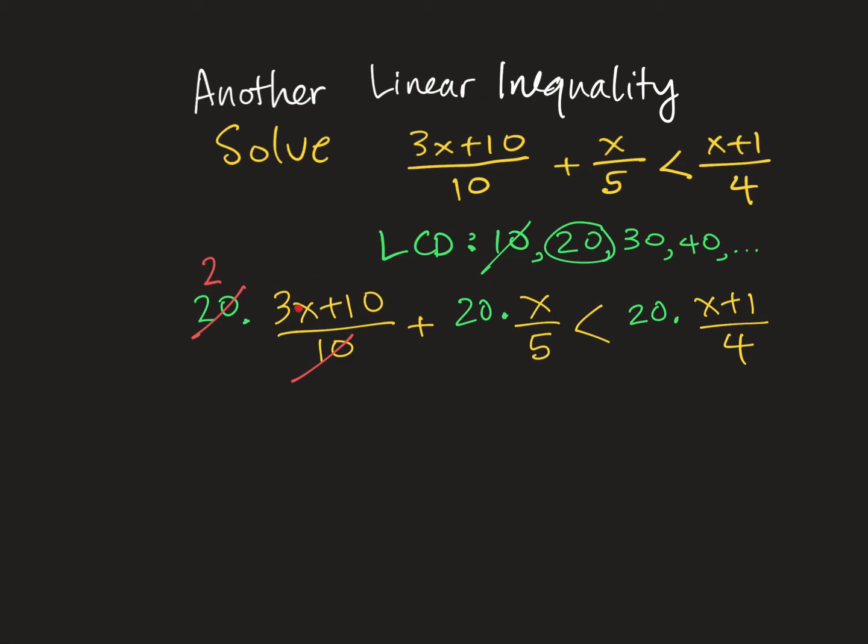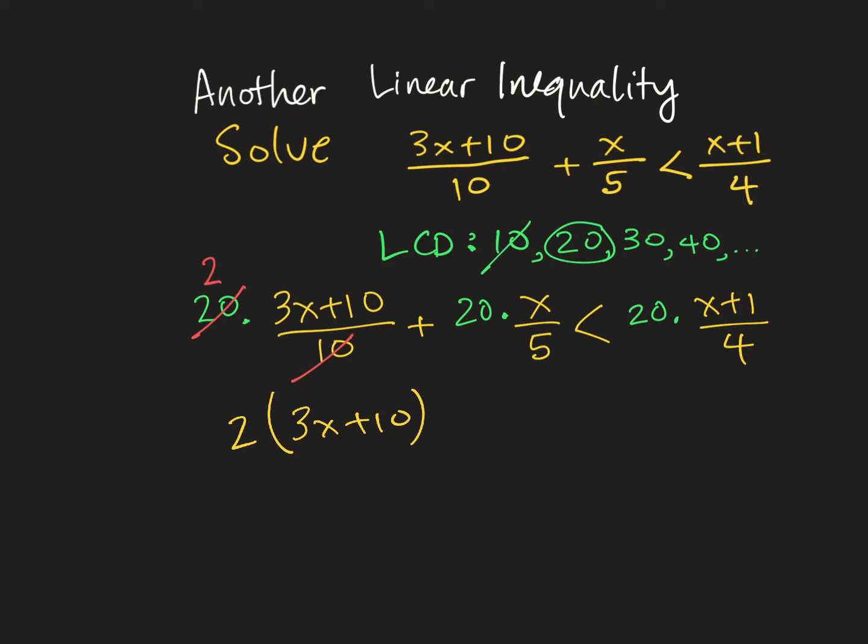It's not just 2 times the 3x, but it's 2 times the 3x and the 10. Put it another way, I might benefit by writing this as that leftover 2 times that leftover numerator, 3x plus 10. If you can go ahead and distribute that, cool, go for it.